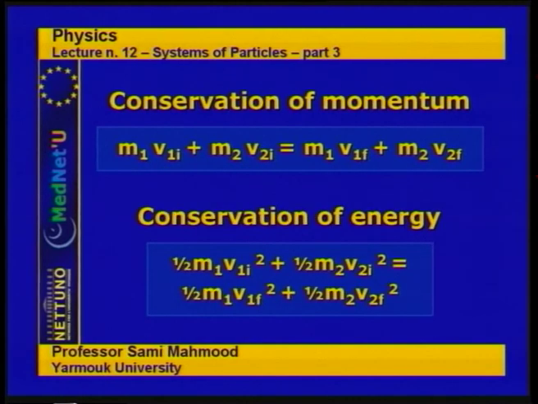And secondly, we apply the principle of conservation of energy to the system, because the collision is elastic, and in this case we have the kinetic energy of the first object, 1/2 m1 v1 initial square, which is the initial kinetic energy of the projectile object, plus the kinetic energy of the target object, which is 1/2 m2 v2 initial square.